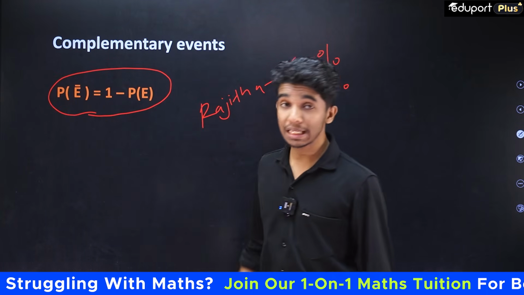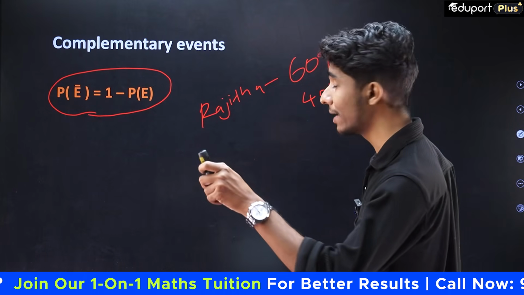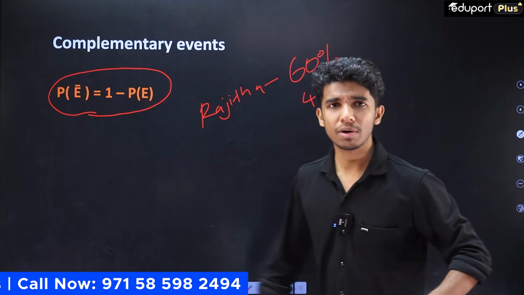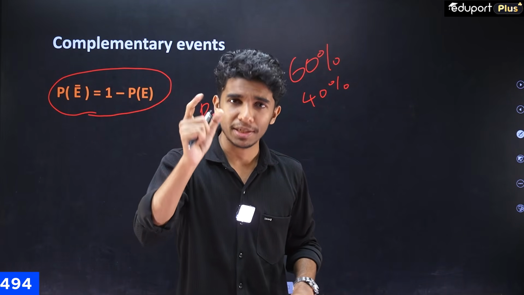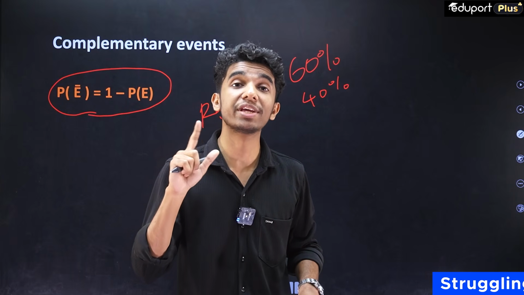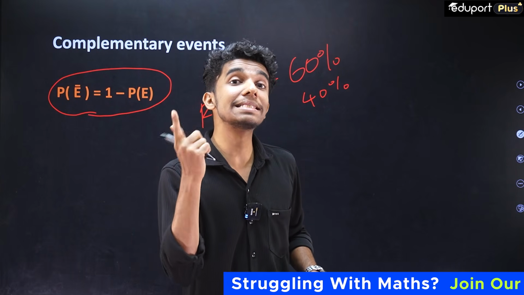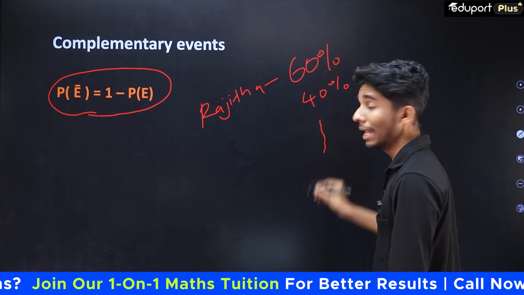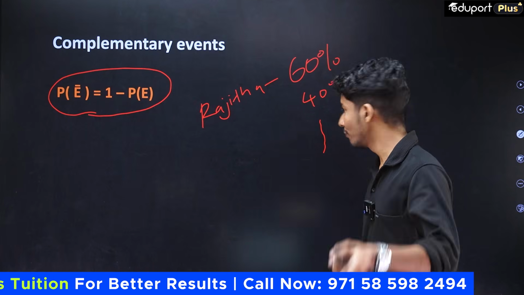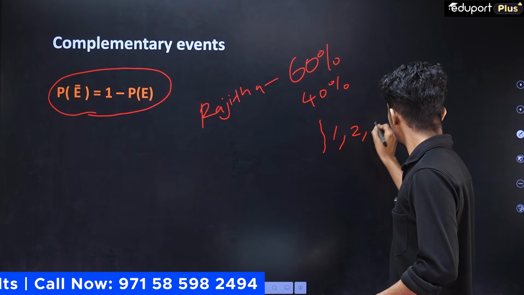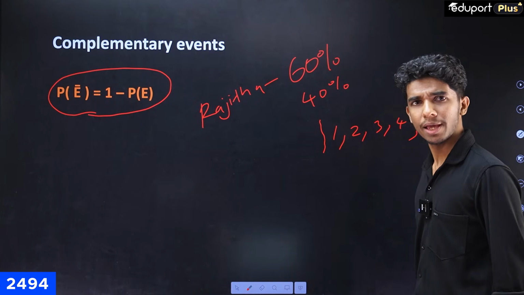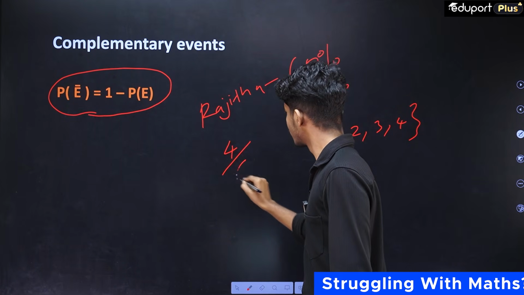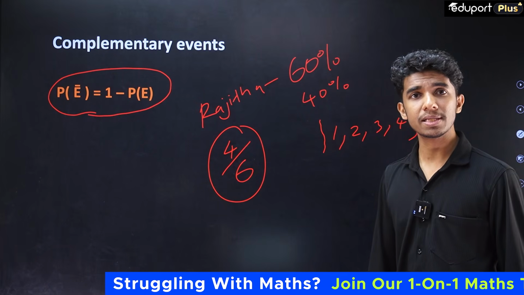If an event is given to you, for example, you are asked to find the probability of getting a number less than or equal to 4 when throwing a dice. The possible outcomes will be 1, 2, 3, 4, so the probability will be 4 by 6.